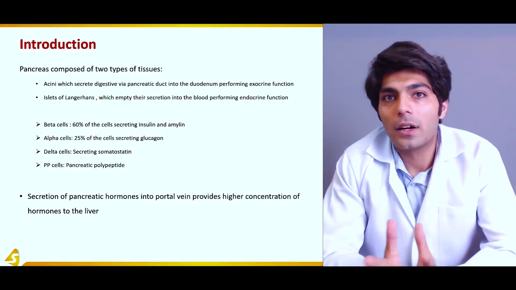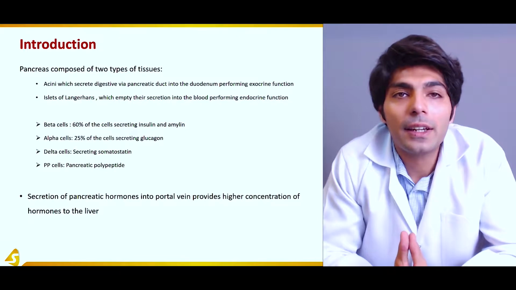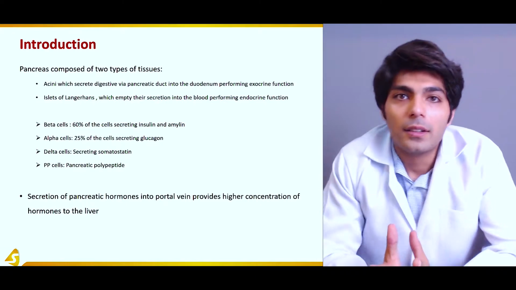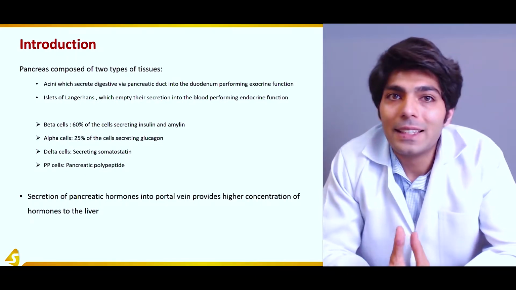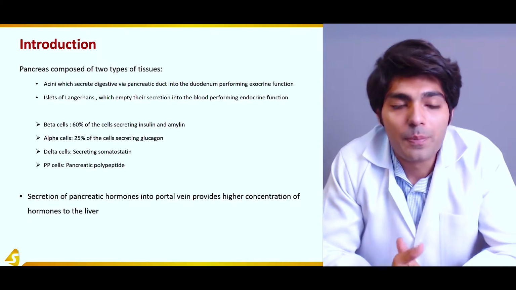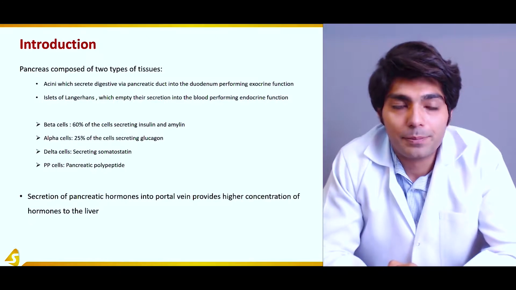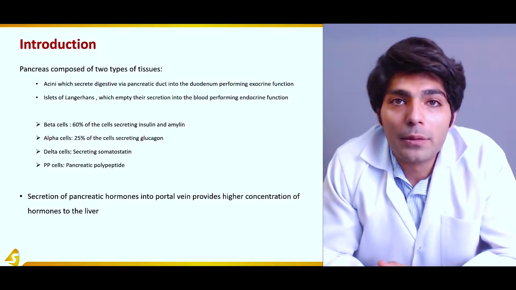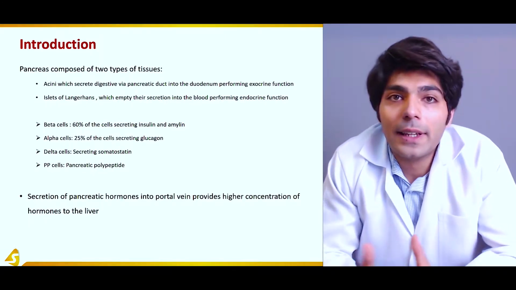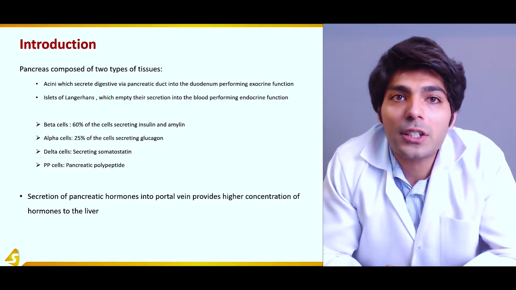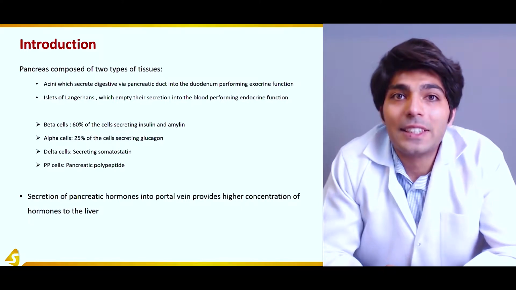Endocrine glands release their secretions directly into the bloodstream, while exocrine glands secrete through a duct, for example sweat glands. In the islets of Langerhans, there are almost 4 types of cells. Number one is beta cells, which are 60% of the cells, secreting insulin and amylin.